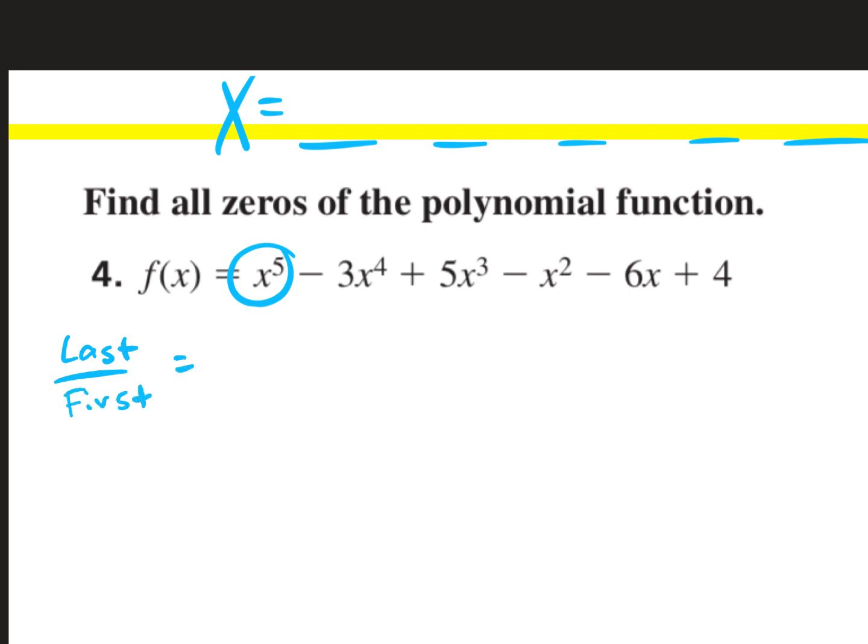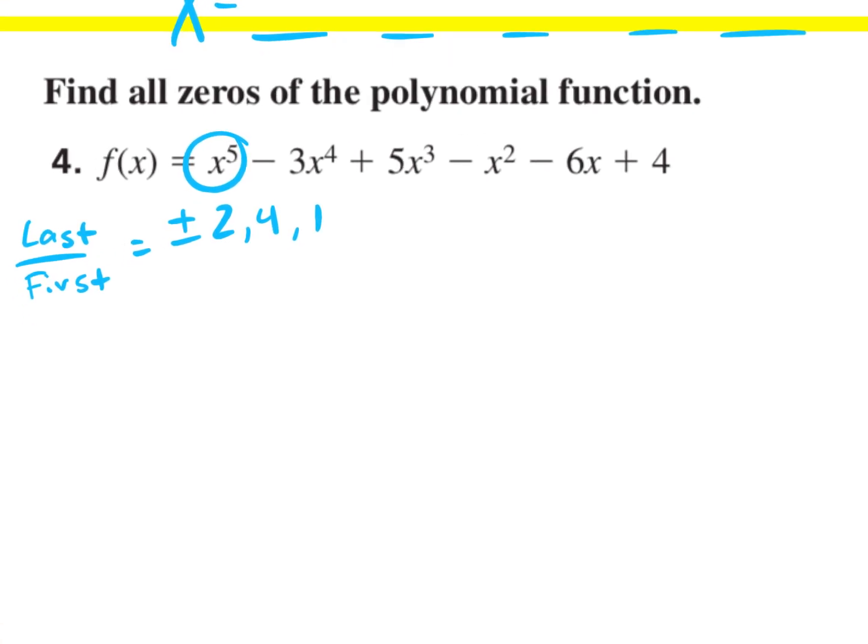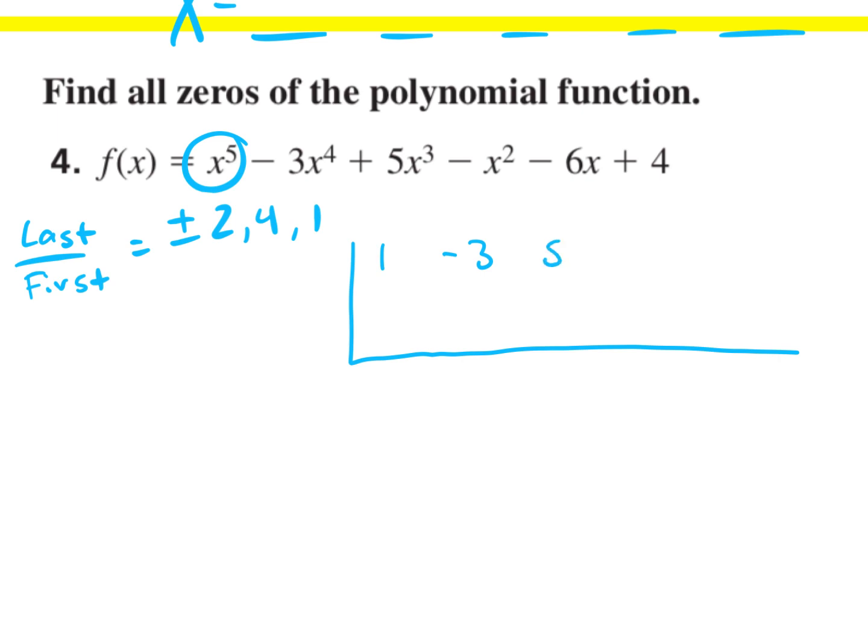What are factors of the last? 2, 4, and 1. Perfect. What's going to go inside the box? 1, -3, 5, -1, -6, and 4. Just be careful that you're not missing any terms. We're good here. What do you want to try first?